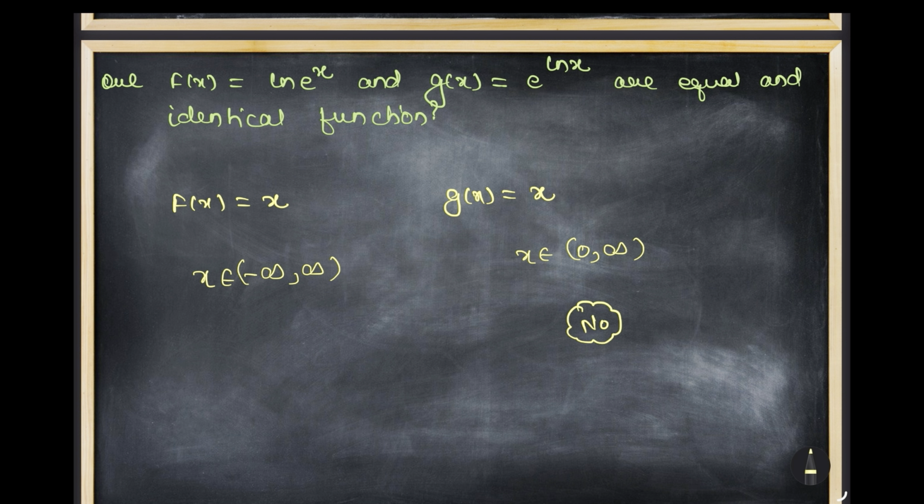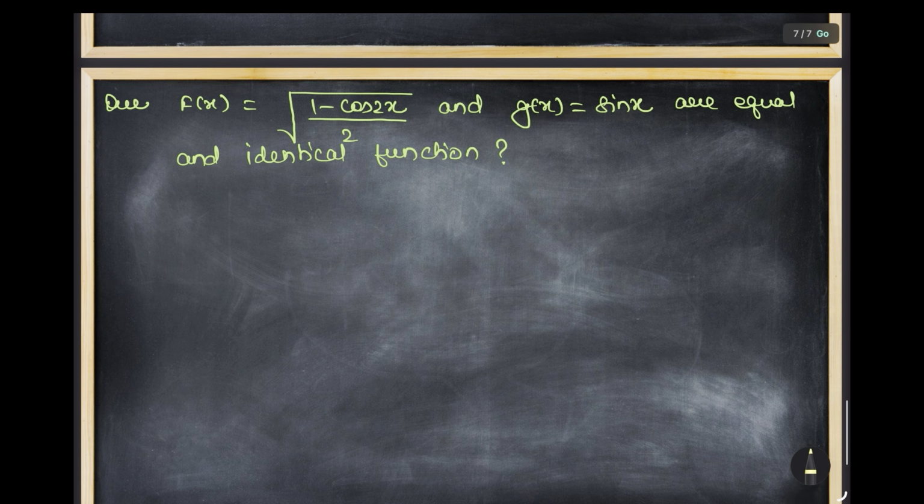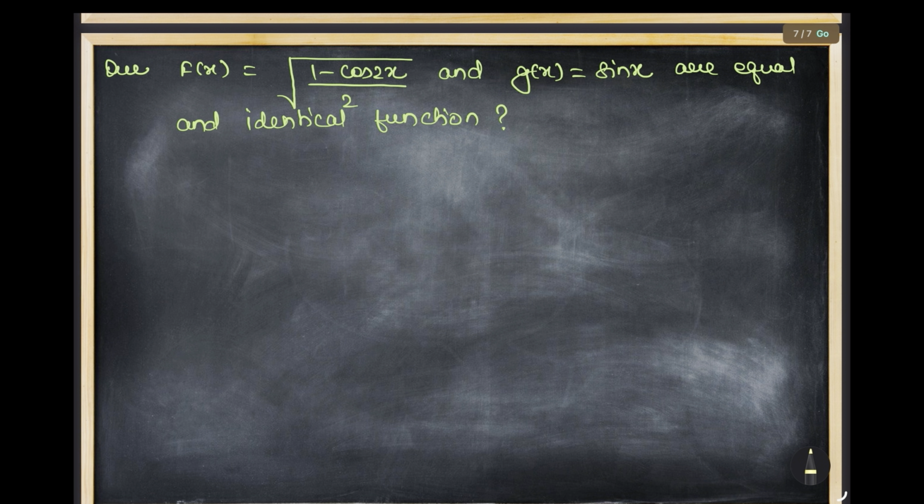Is it okay? Now, take one more example. Look here. If you observe, you can write f of x as root over 2 sine square x upon 2. So you will feel that, sir, remove this and this. And it is a square root. This is a square. So sine will come outside. No, sine will not come outside.